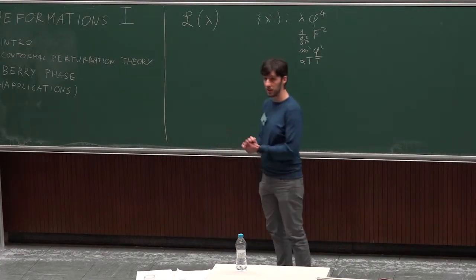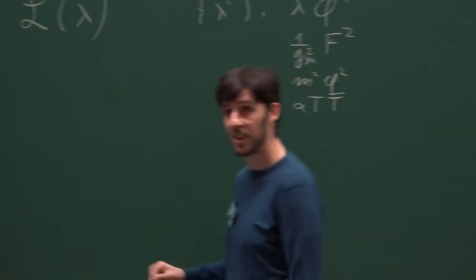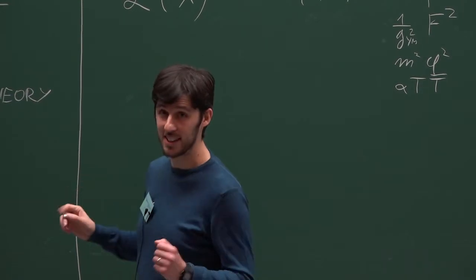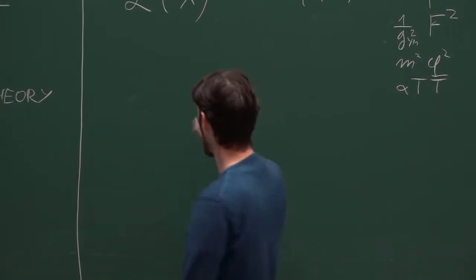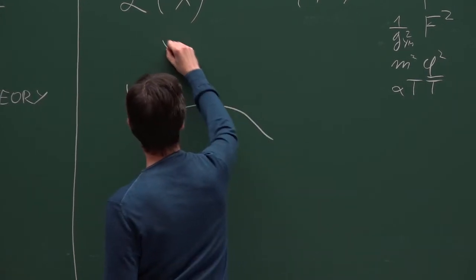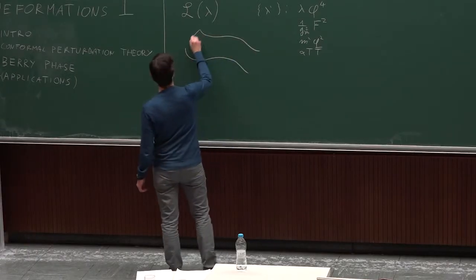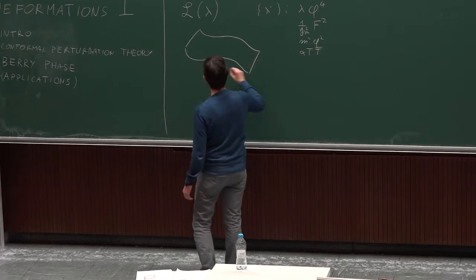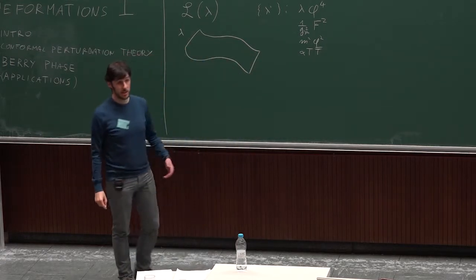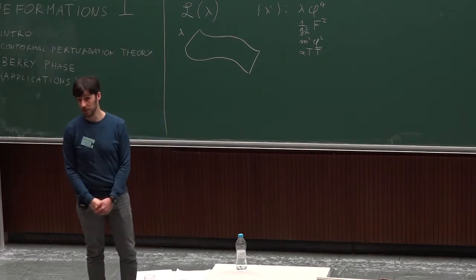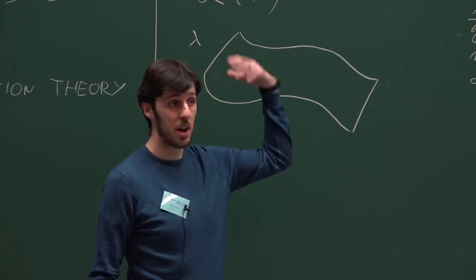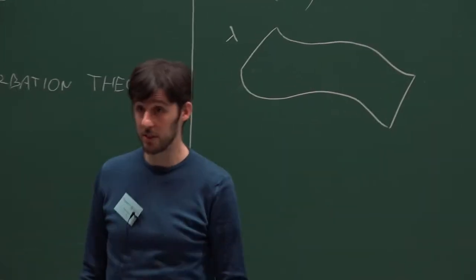So now we'll do something outrageous, and I hope you will allow me to do it with the promise that things will be fixed soon. So we'll draw some space. And I imagine that this is my space of parameters. So I'm treating these lambdas as some coordinates, so some numbers.